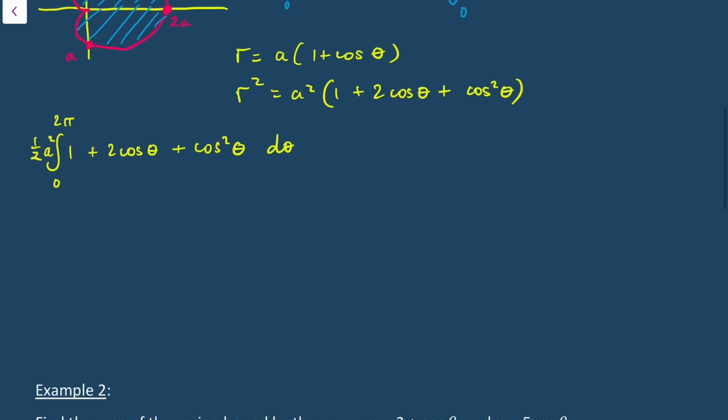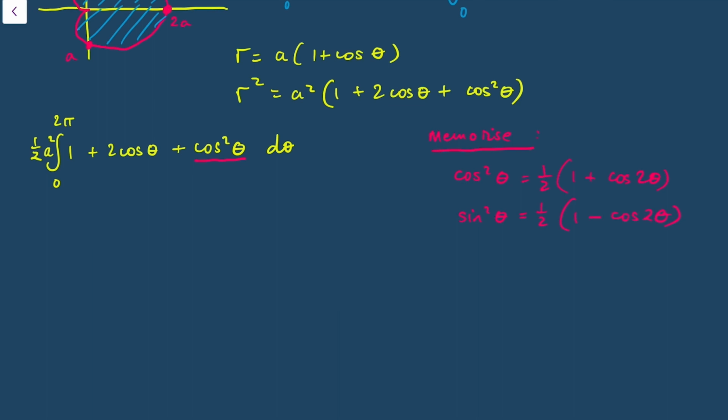The other thing I'll have to remember is I need to rewrite cos squared theta using a double angle. It's useful, if you haven't memorized this already, to memorize this now, and to remember that cos squared theta is equal to a half times 1 plus cos of 2 theta, and sine squared theta is equal to a half times 1 minus cos 2 theta.